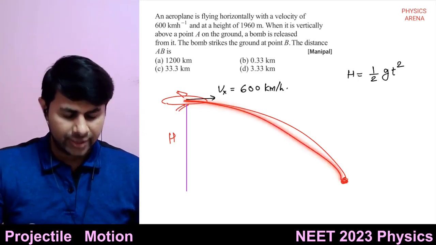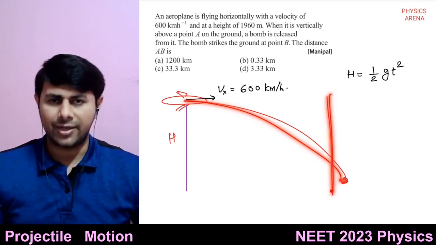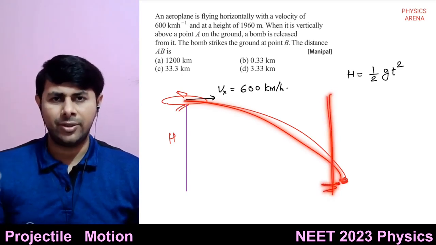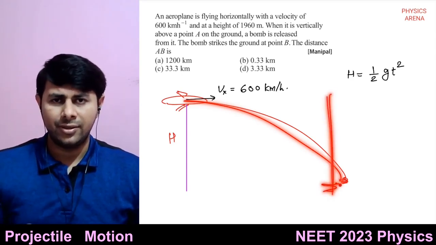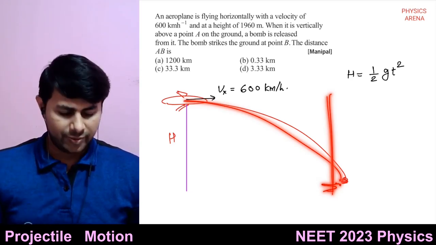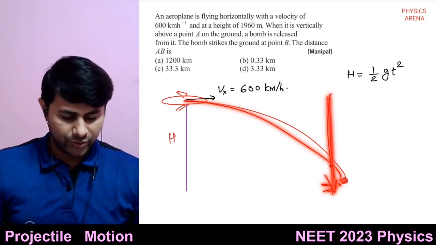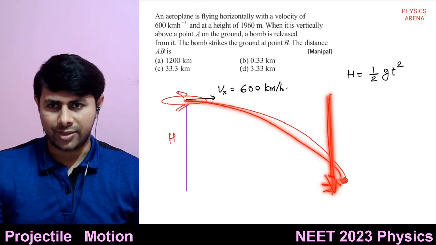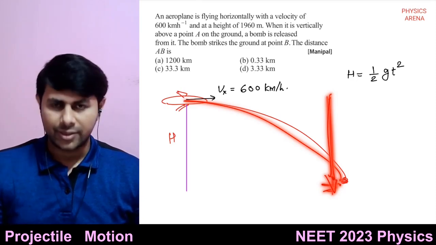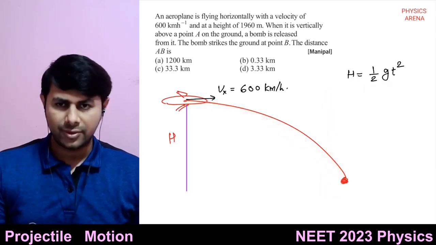It will hit the ground at some time t, so the distance covered in y direction is h. H is equal to uy times t, actually you will take it as plus, because you are considering this direction to be positive. So uy times t plus half of gt square, and uy is 0. So it is half of gt square only, right?